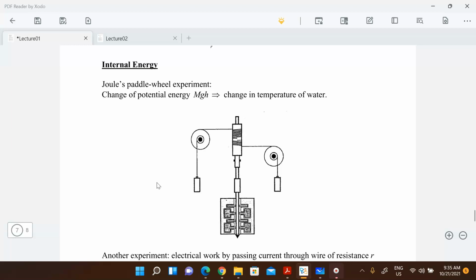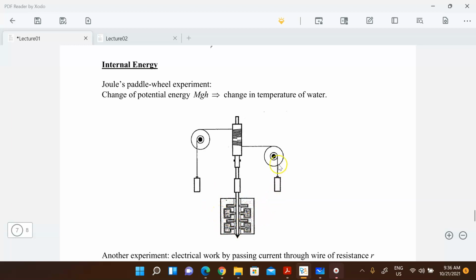What it has is a set of weights on a pulley, wound up with this mechanical system, and the system has paddle wheels where the container contains some water.